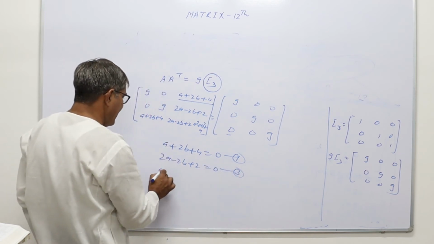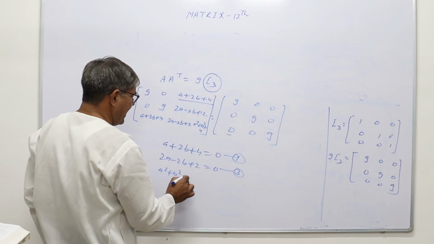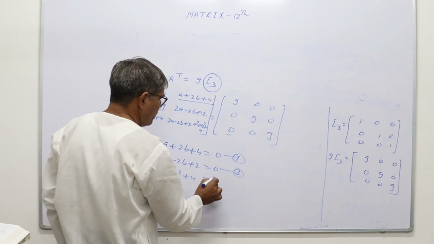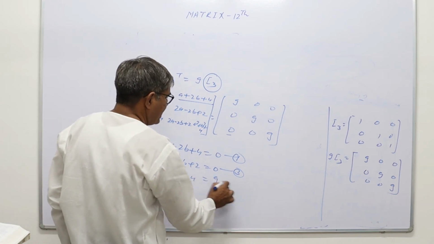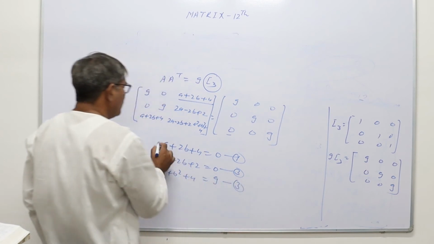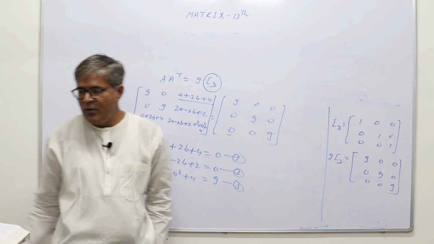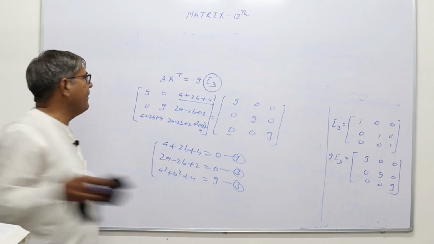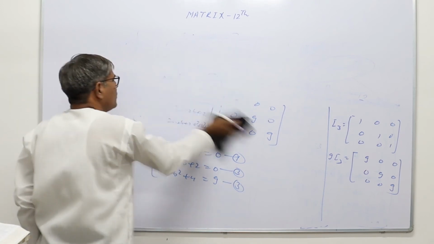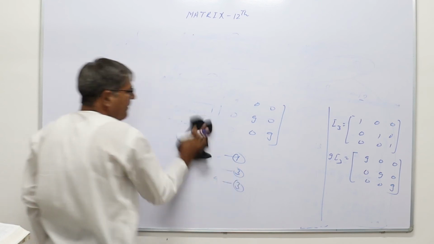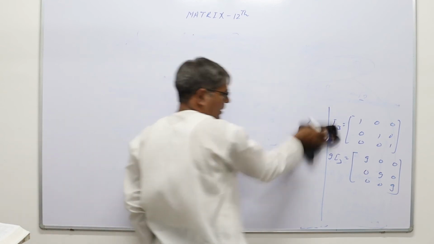And then third, a square plus b square plus 4 is equals to 9. This is the third relation. Using these three relations, we can solve it for the required values of a and b. So this was the very important question.